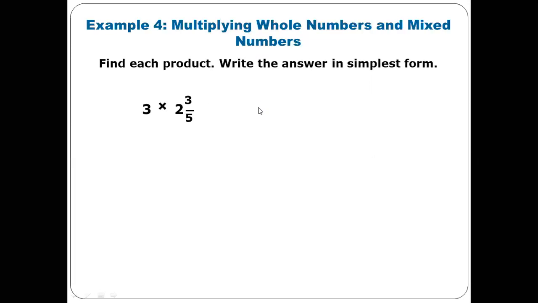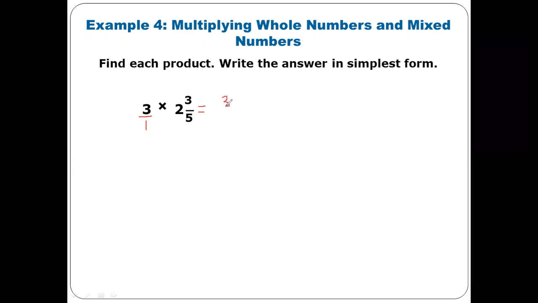The last example is going to be multiplying whole numbers and mixed numbers. We can change the whole number into a fraction by putting 1 as a denominator.